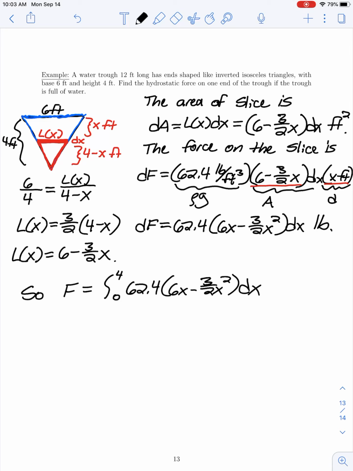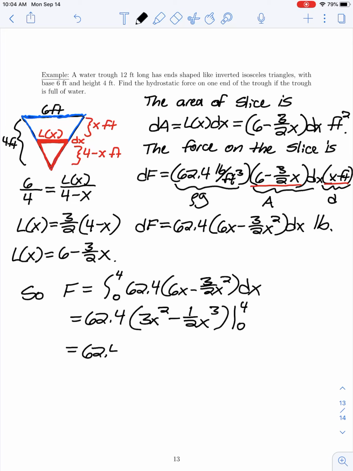So let's see what we have here. For this integral, we can factor out the constant 62.4, and then the antiderivative of 6x would be 3x squared, minus the antiderivative of 3 halves x squared, which would be 1/2 x cubed, and we're evaluating from 0 to 4. So let's see what we're left with.